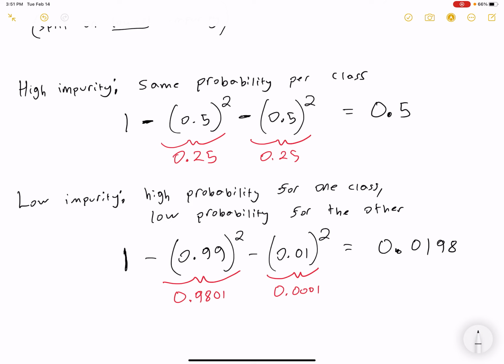So what we see is that when we have a good split, or the split which would result in a high probability of one class and a low probability for the other, the Gini impurity gives us a low value relative to a high impurity situation where it's going to give us a much higher value.